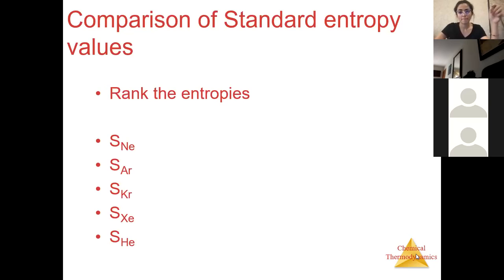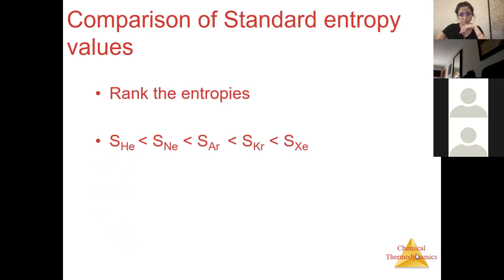So I would say KR would have a greater mass than AR, and then it would be NE, and then lastly HE because it has the least molar mass. Going from most entropy to least. Biggest mass to lowest mass. Xenon, krypton, argon, neon, helium, just like you said. This is backwards. I just did it on the slide from least to most.